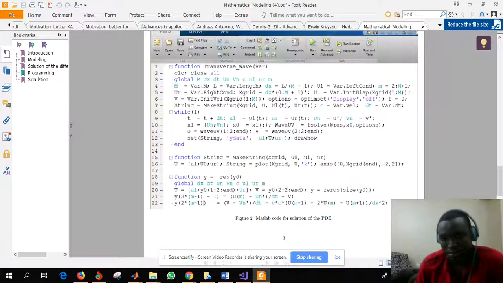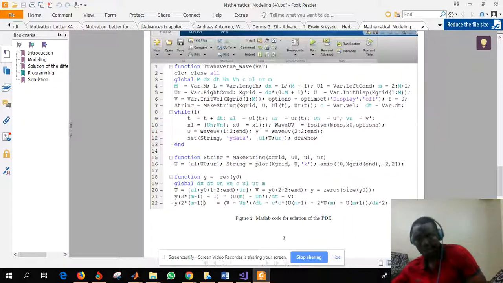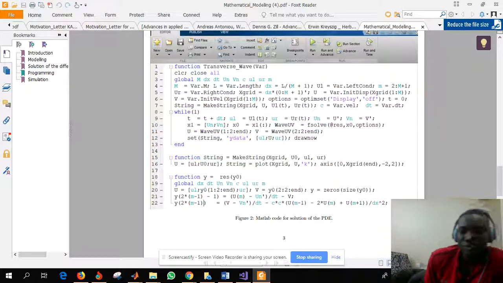Then I have the C, which is the wave transmission velocity, and the time step that I want to use. I listed some variables as global variables. These are variables that I'll be using in other functions that will be called while the calculation is going on.